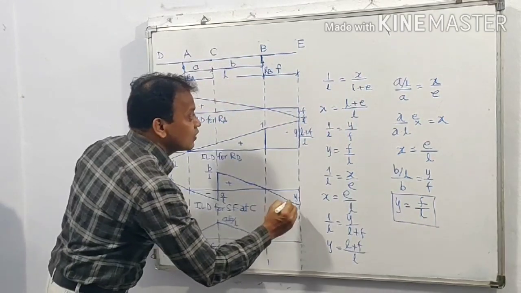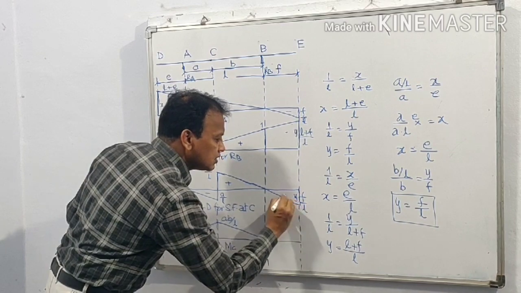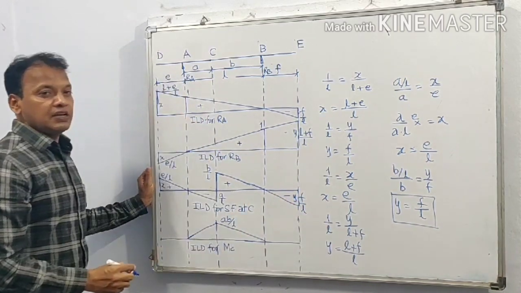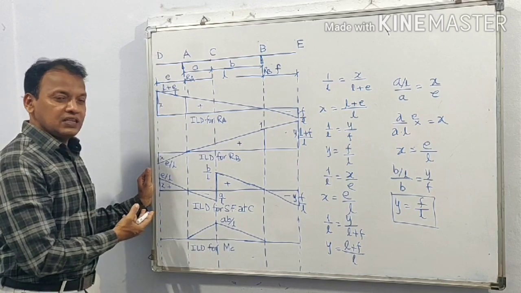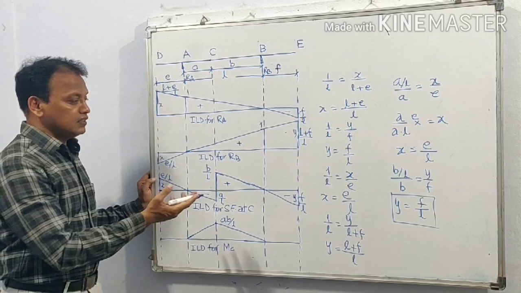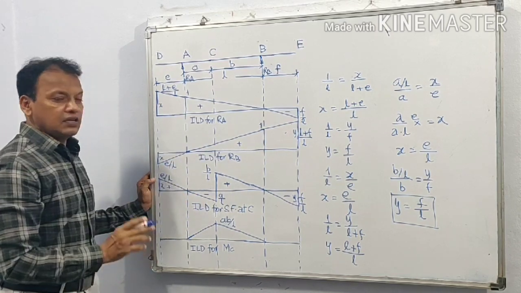Here y is equal to F upon L, and this is negative as it is below baseline. Again you can verify whether the ordinates we have obtained at D and E and also at C are the same or not.